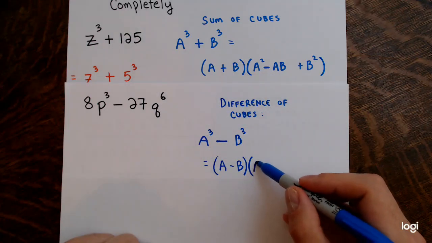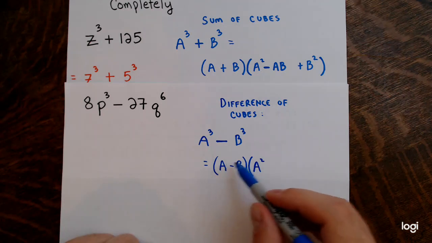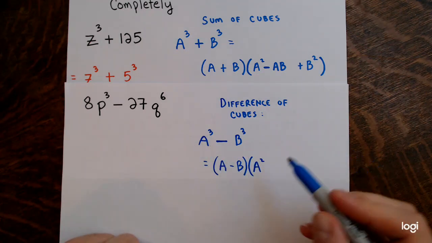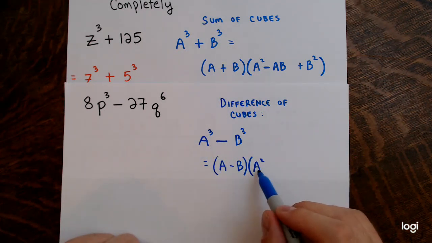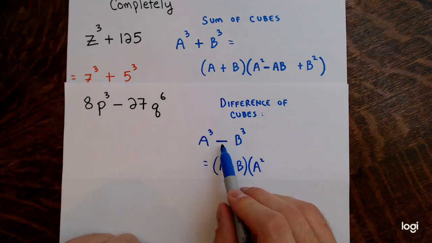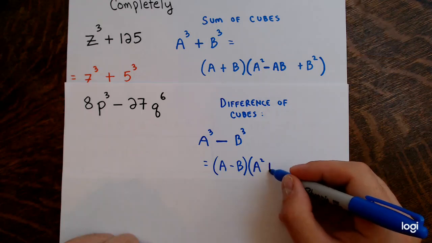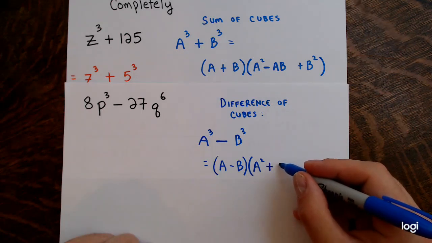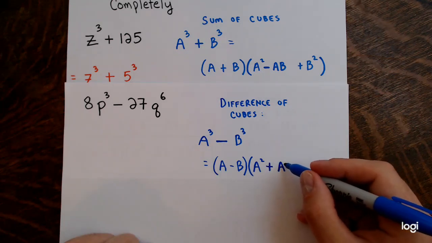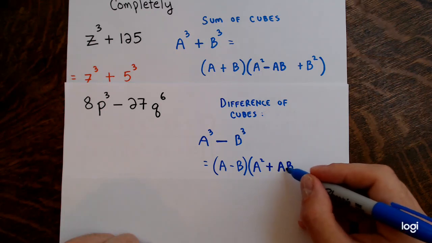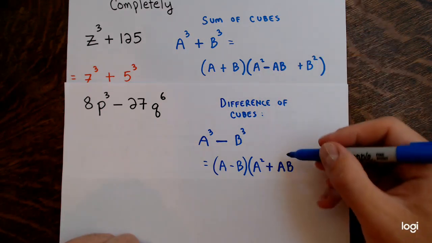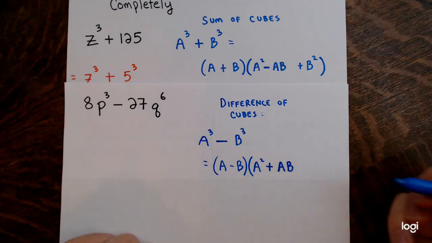I need a squared for the first term so that I get a cubed when I multiply. And then the sign between the first term and the second term is the opposite of this sign here. This was a minus, so I'm on plus here. Plus, and then the power of a decreases, power of b increases. So the next term is plus ab instead of minus ab. Very minor difference.